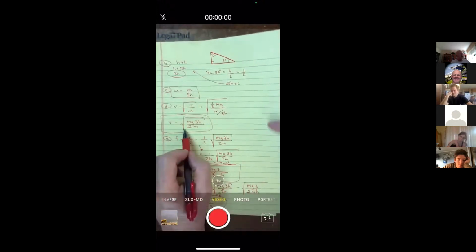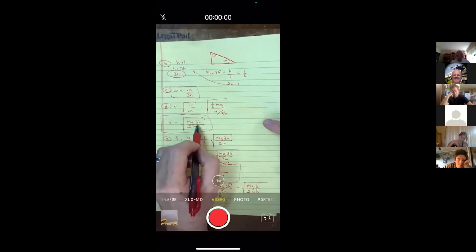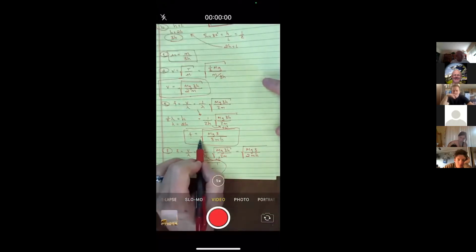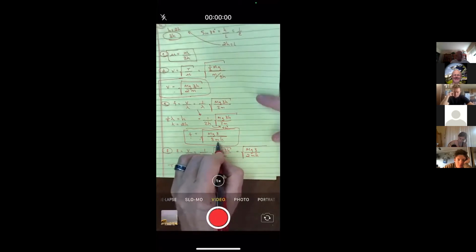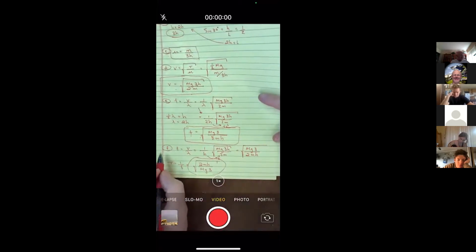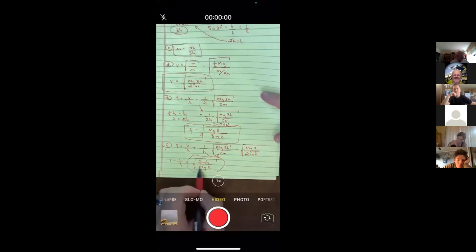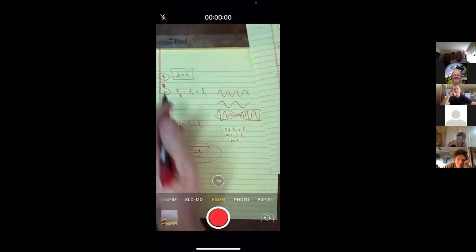For D, I got a velocity, that's the square root, and they got a 3 mgh capital M over 2 little m, okay, good. For E, they got the frequency is the square root of 3 mg over 8 mh, okay, good. For F, oh, that's interesting. The author actually does G first. Doesn't surprise me, because I had to do G to get here.